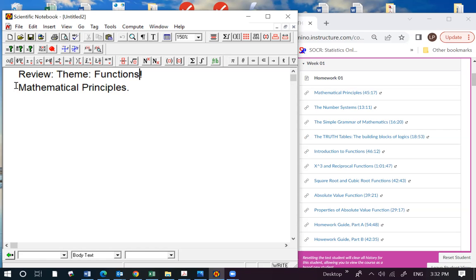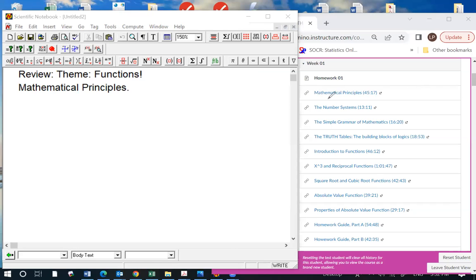Besides mathematical principles, because we use them all the time, number systems, which is a basic concept, and simple grammar of mathematics and the truth table, among all of these are the things we're going to use throughout the semester. These are the important concepts we use throughout the semester.